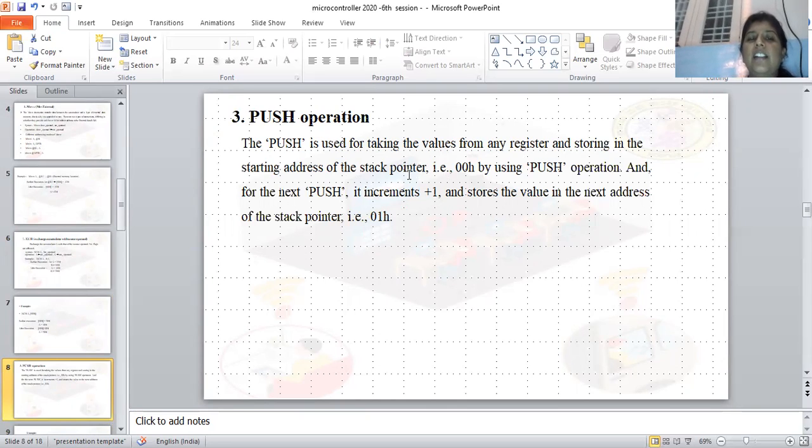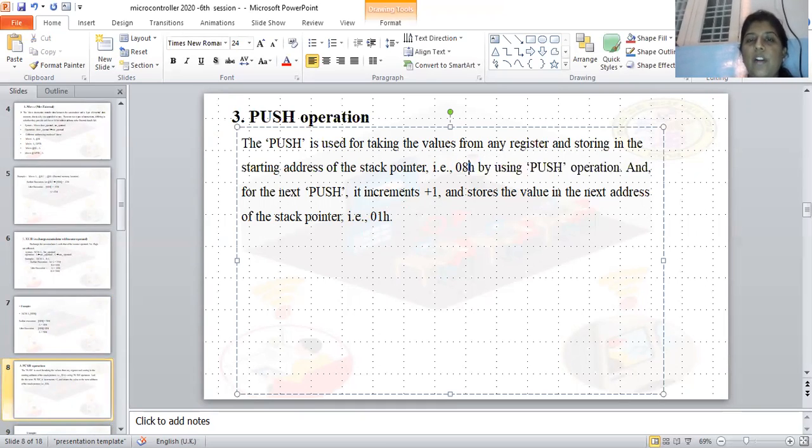For the next push operation, the stack pointer increments by 1 and stores the value in the next address. So the starting address of the stack pointer will be 08H, because the stack pointer is always incremented by 1 first. The next address will be equal to 09H.